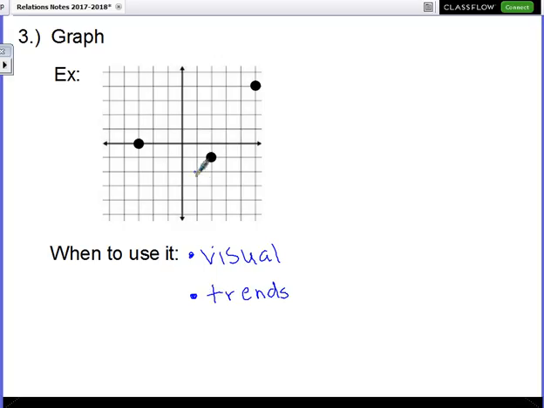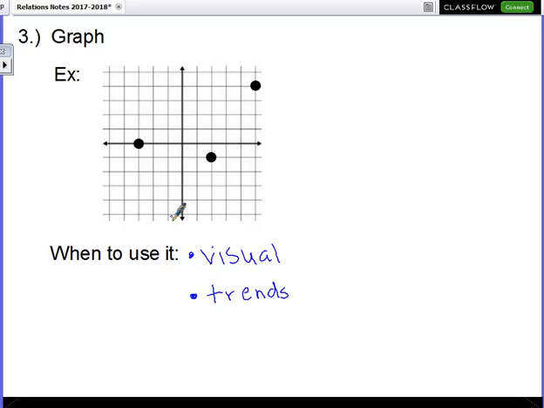The downfalls to graphs are you have to use one of the other two ways to get a graph. You can't just start with a graph. You've got to collect your data somewhere. It's really difficult to go around and ask people different information and then take it down and graph it as you're getting that information. So you really need a table or a list of ordered pairs before you get this graph.